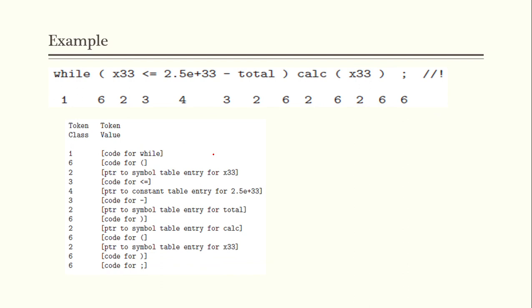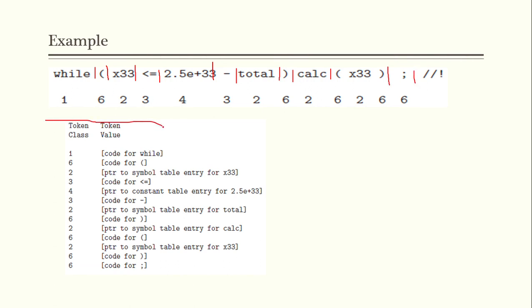For example, you have a while statement like this. You need to split this into tokens. After splitting into tokens, you need to state the token class so that you can create a table something like down here.